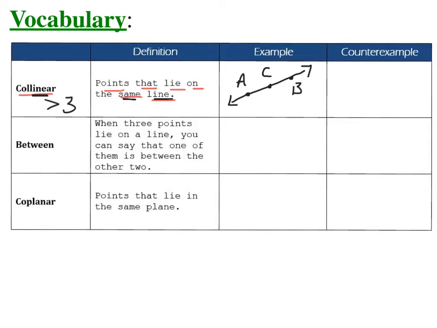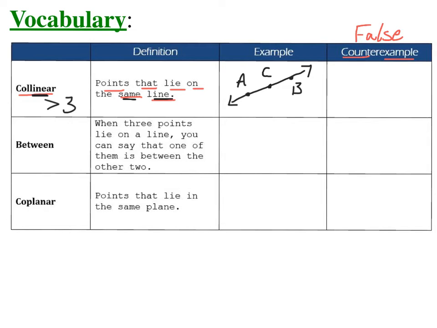Now over here on the right in this last column, they want a counterexample. What I mean by a counterexample is an example that is false. That shows me 3 points that are not collinear.